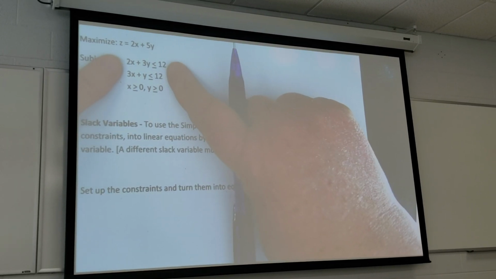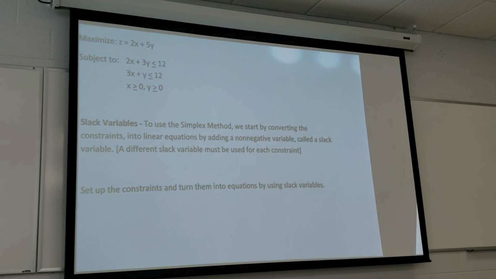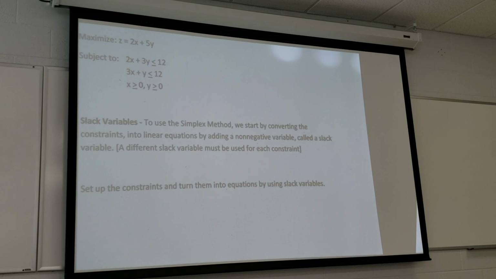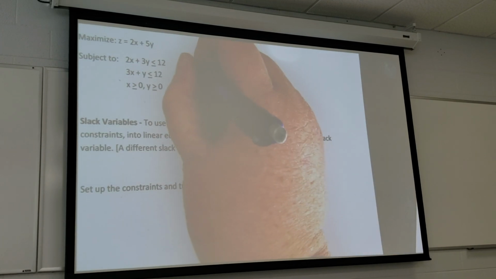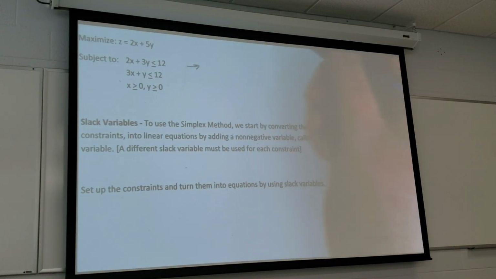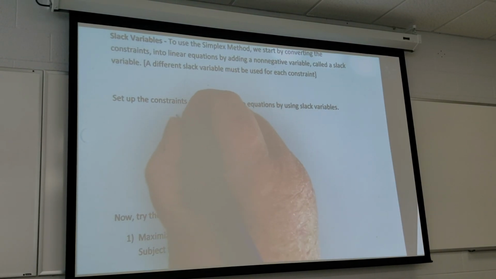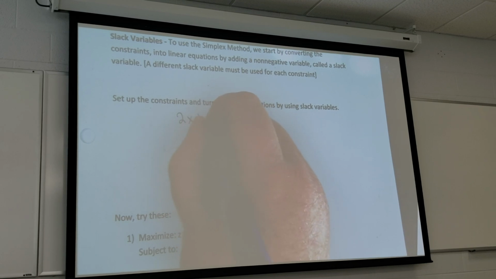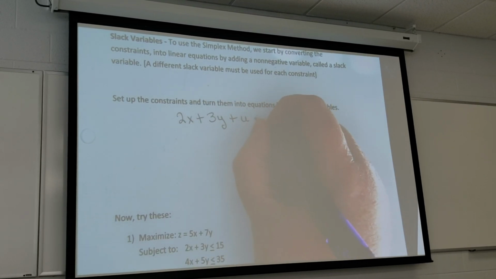So we're going to take these and rewrite these as equations. I'm really just going to do it over here because I don't have room. So, we have 2x plus 3y plus u is equal to 12.